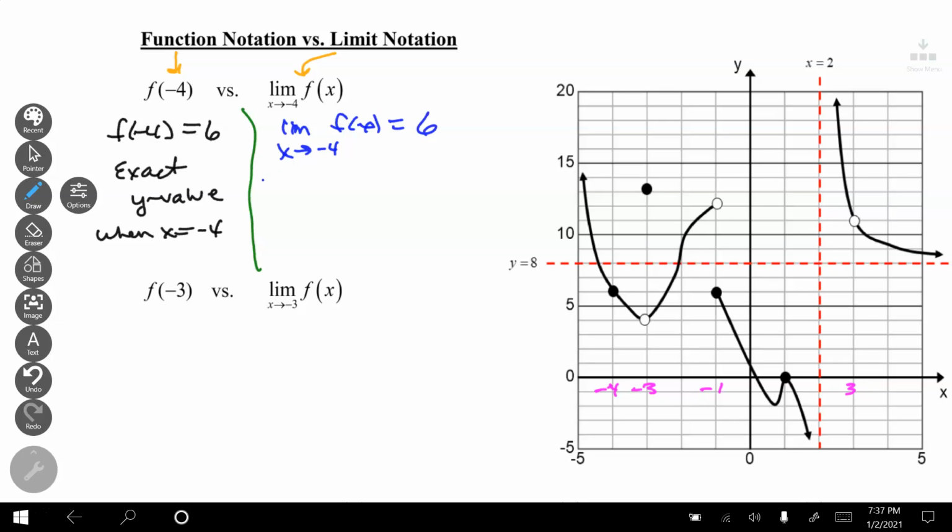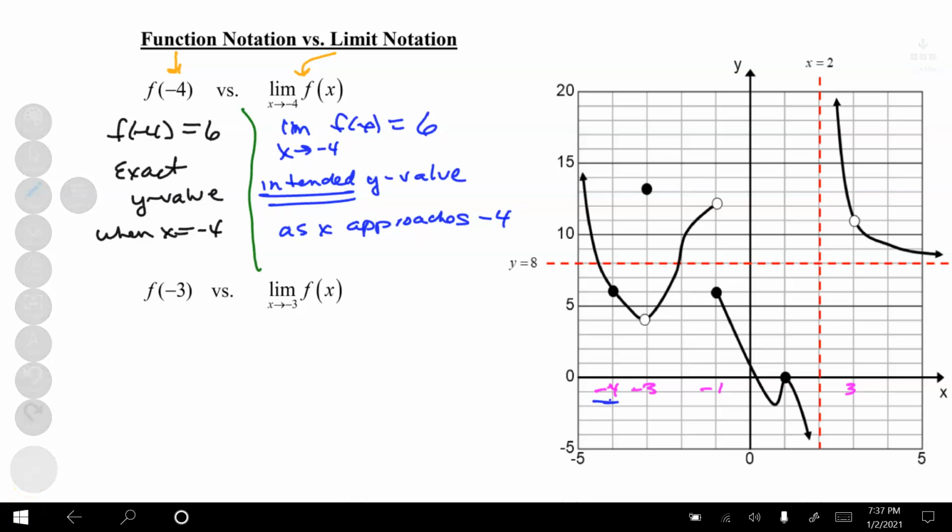But it's a little bit different here because it's asking what is my intended y value as x approaches negative 4. So basically it is saying as I get closer to x equals negative 4, I'm getting closer to y equals 6. Now it just happens to say that here because of the way the graph is drawn, because it's nice and continuous there and it's a solid dot.